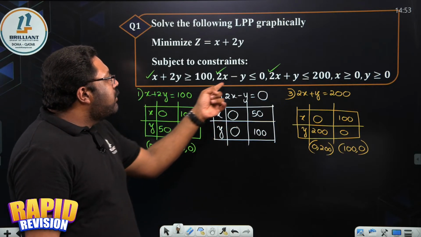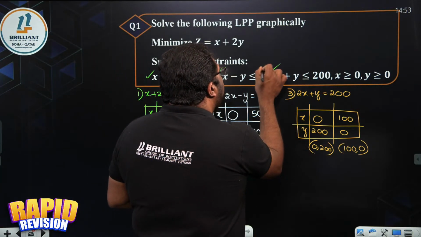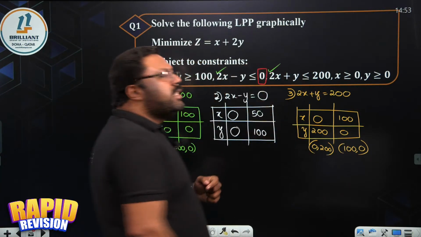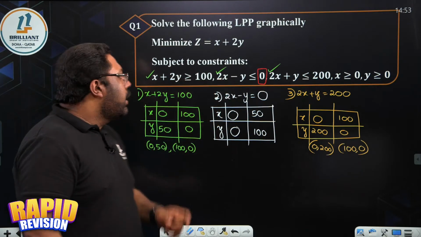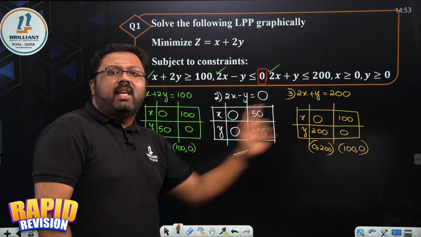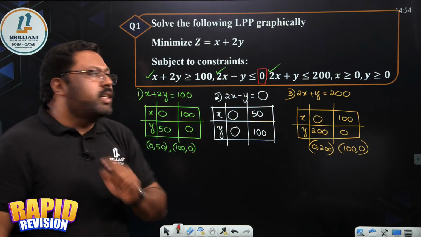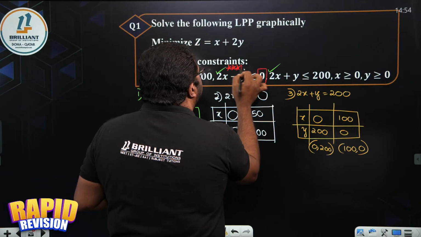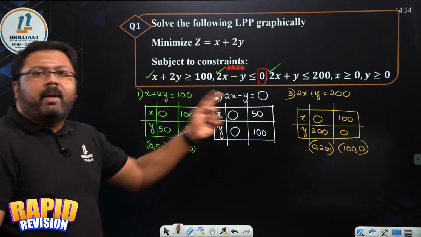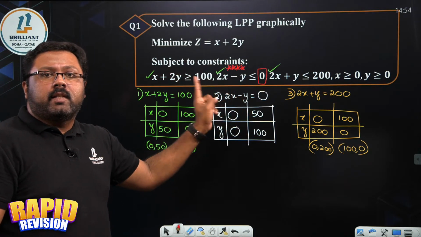This particular line is very dangerous for the simple reason that it has 0 on the right side. If it's some other number, it's easy to get points on the axis. But if it's a 0, it's dangerous. So please mark this as a potential constraint for LPP, where the right side is 0.